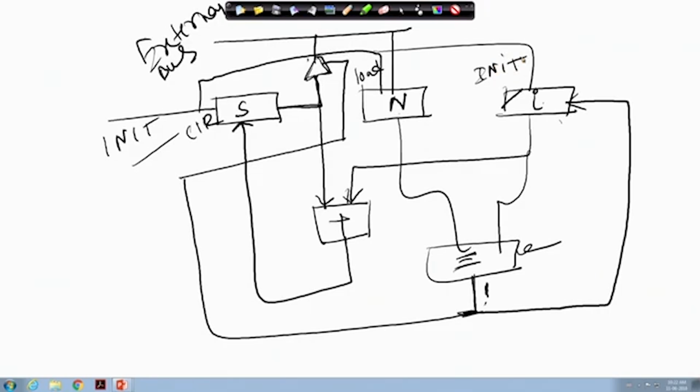So for that reason, what do I need? Basically the algorithm was something like that: output is S, and initially S is set to 0, and load the values of n.